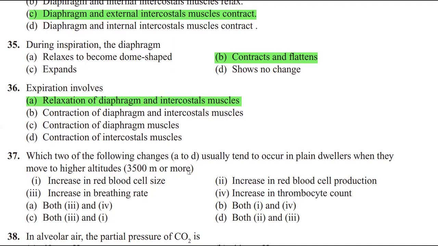Increase in red blood cell size, so it is wrong. Increase in red blood cell production, of course it is correct. Increase in breathing rate, yes. Increase in thrombocyte, that is platelet count, no. So the option is both 2 and 3.